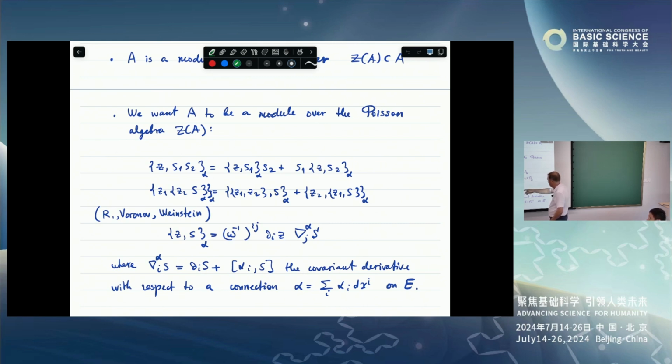You can use again the Poisson tensor, and you just need extra data, a connection on the phase space. Then the Poisson bracket of a central element with any section is just the usual Poisson bracket, where in the second term you use the covariant derivative with respect to this connection.